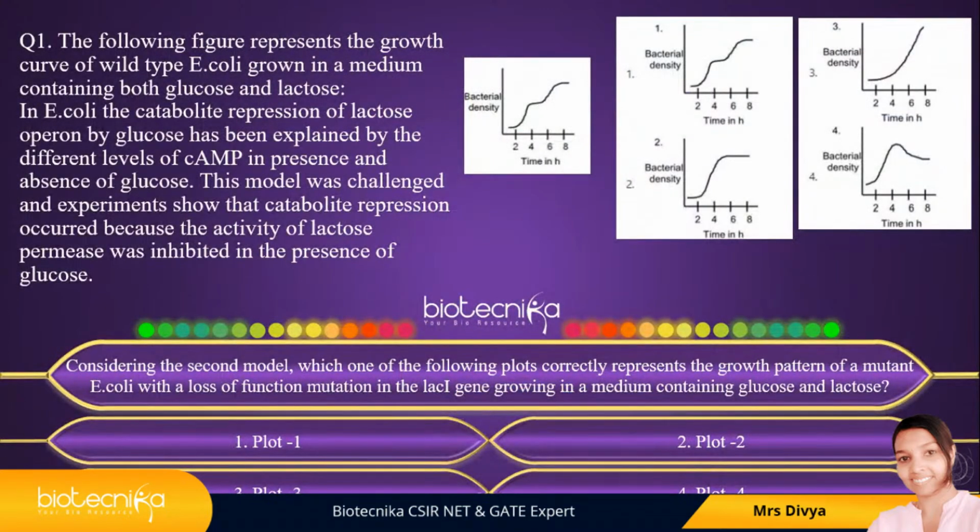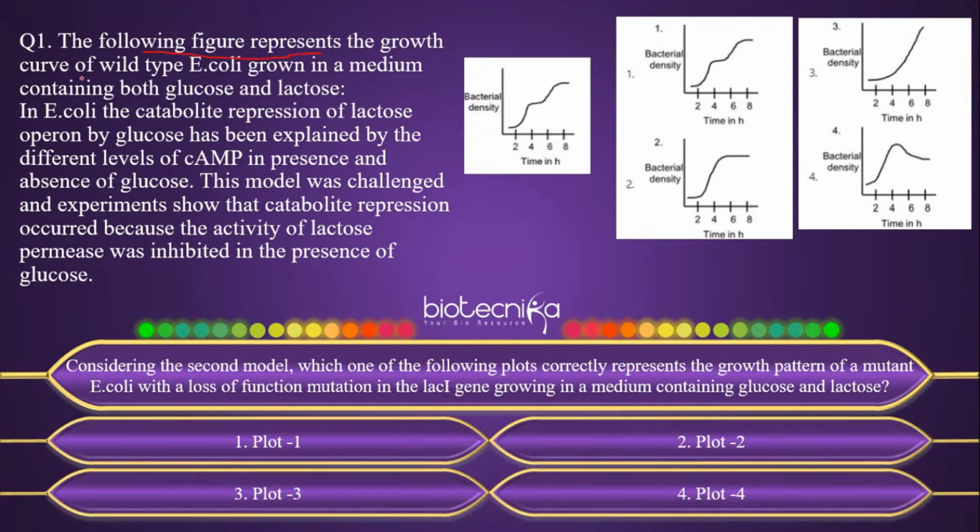So here comes the first question to you all. The following figure represents the growth curve of wild type E. coli that is grown in a medium containing both glucose and lactose. So you can see this is the picture.